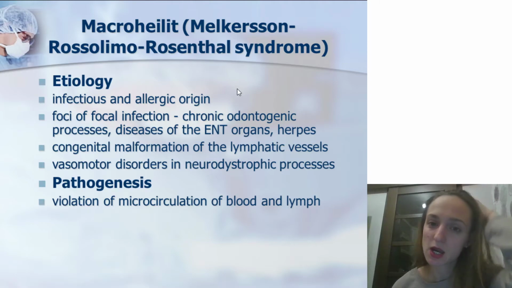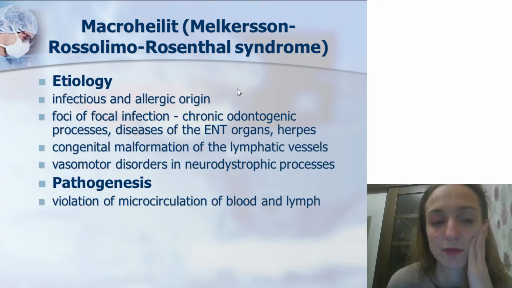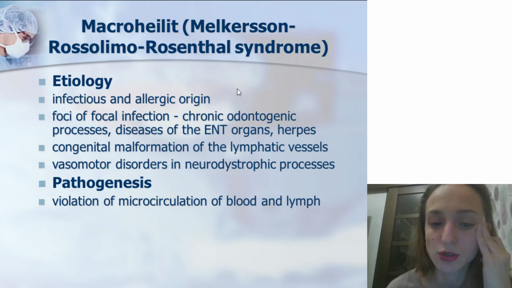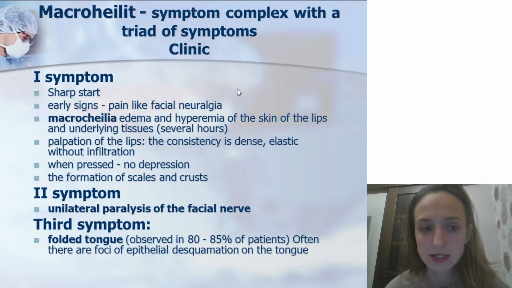Macrocheilitis, it is Melkersson-Rosenthal syndrome. Etiology: infectious and allergic origin, foci of chronic infections, then congenital malformation of the lymphatic vessels, and vasomotor disorders in neurodystrophic processes. So, violation of microcirculation of blood and lymph is the pathogenesis of this disease.